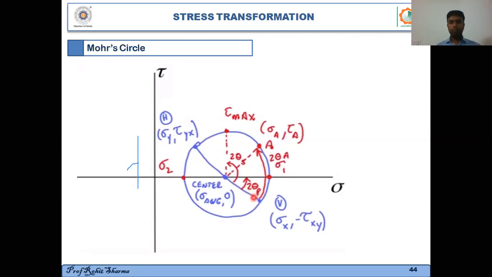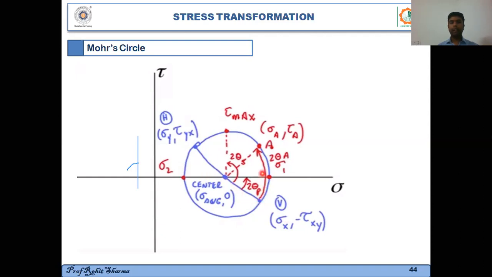So I'll have to move by twice theta A in order to reach the stresses on that plane, because if I rotate this stress block by an angle theta, then I'll have to move by angle 2 theta on Mohr circle. So I move by twice theta A from this point, taking CV as reference.